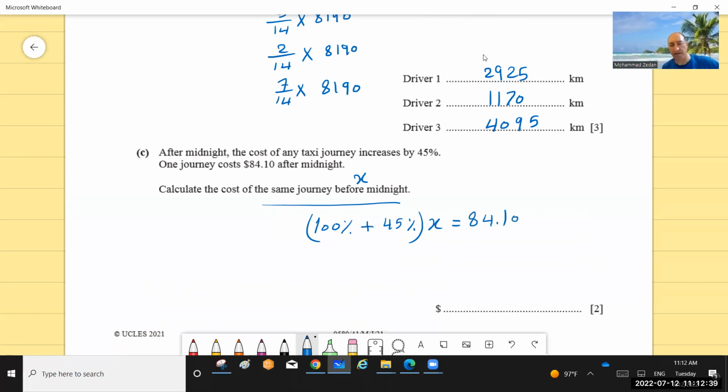So 100 plus 45 is 145. Simply you can write it as a decimal, 1.45x is equal to 84.1. So x is simply 84.1 over 1.45, gives you $58. And this is the answer.